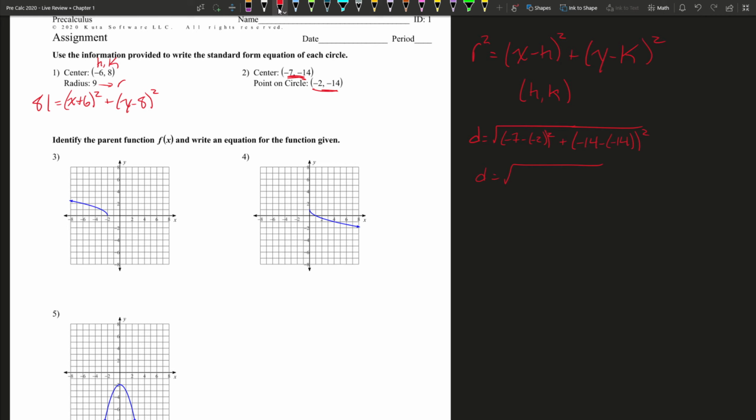Negative 7 plus 2, that's negative 5. And then all this just becomes 0. So the distance is equal to the square root of 25, which is just 5.